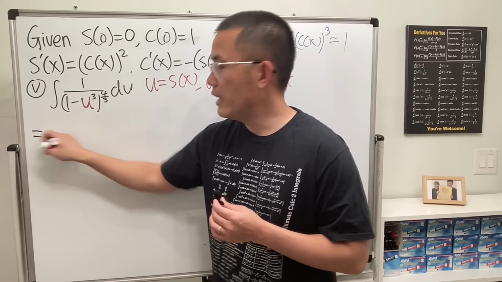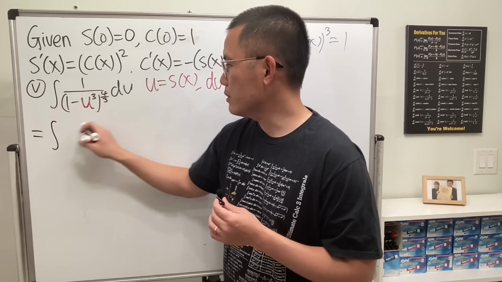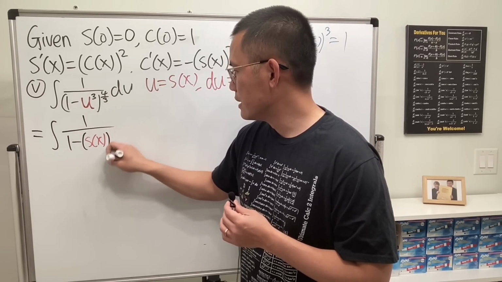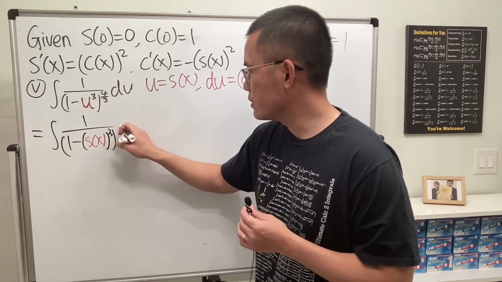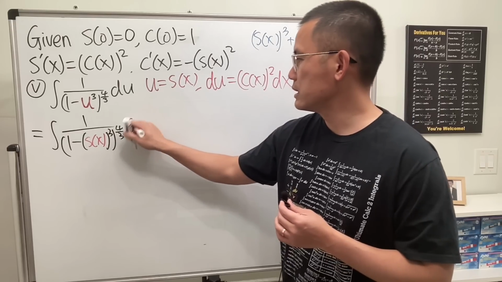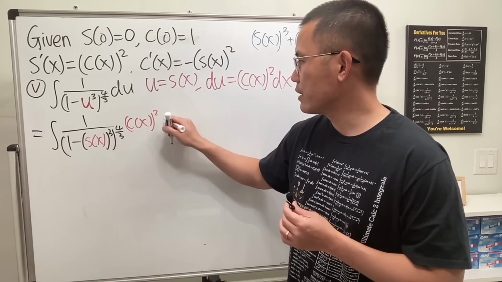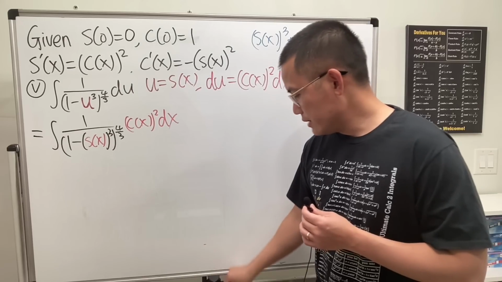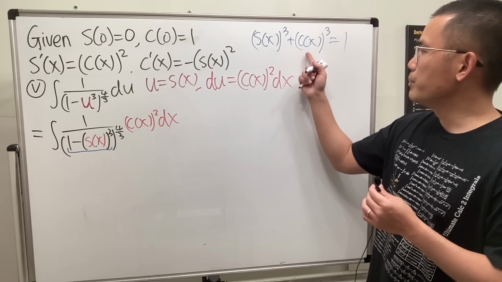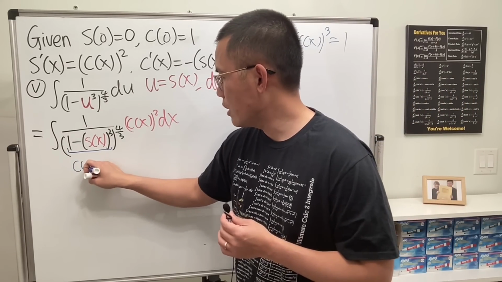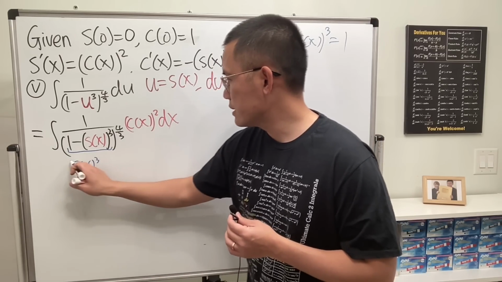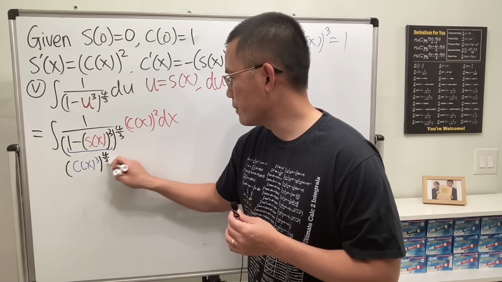Now, going to the x world, we will have the integral of 1 over (1 minus parentheses s of x to the third power), and then here raised to the 4 over 3 power, and du is this thing, so c of x squared dx. Now for this, just like what we did earlier, use this identity, put that to the other side, we get c of x to the third power, and then go ahead, raise that to the 4 over 3 power.